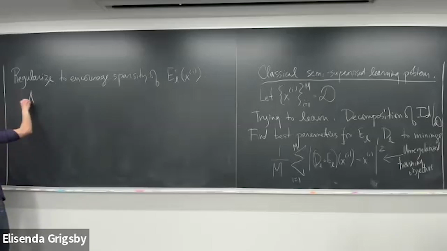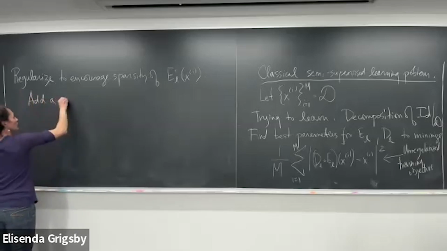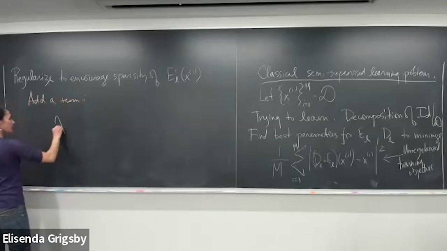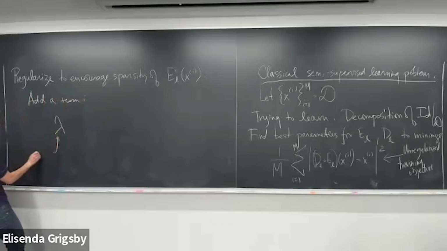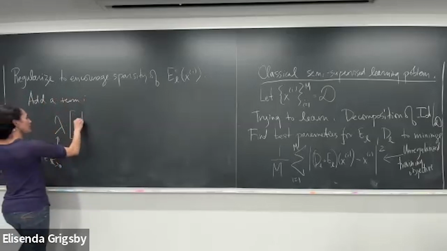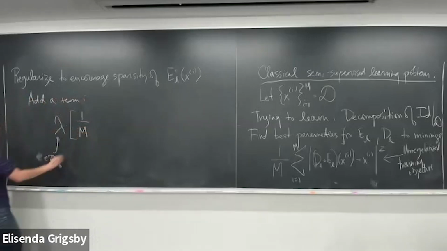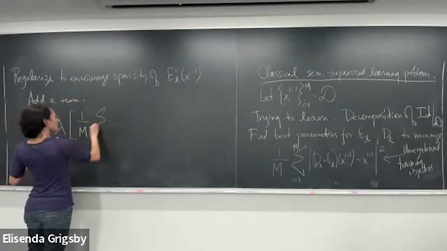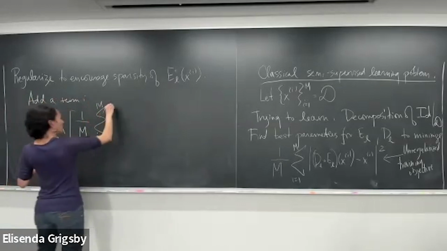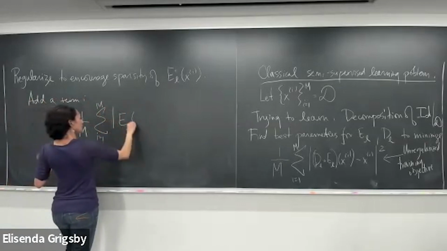So the point is that you add a term, it looks like lambda, some real number greater than 0. This is the regularization parameter. So you can scale it up and down depending on how much you want to encourage sparsity. And the term that they added is something like this.